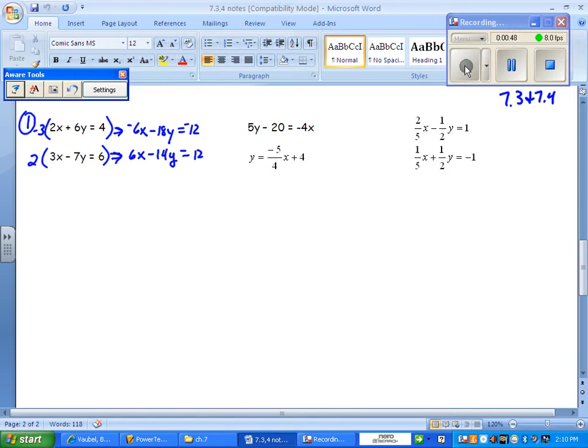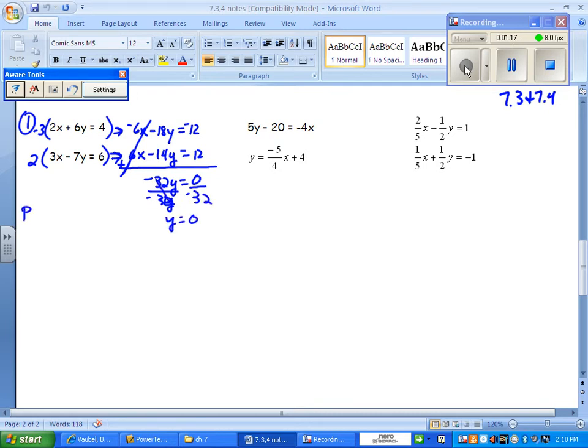Now I chose to eliminate the x's, and I made one a negative 6 and one a positive 6. So when I add these two equations up, the x's are eliminated. Adding up the y's, you're going to have negative 32y equals 0. So divide by negative 32, negative 32, and you get y equals 0.